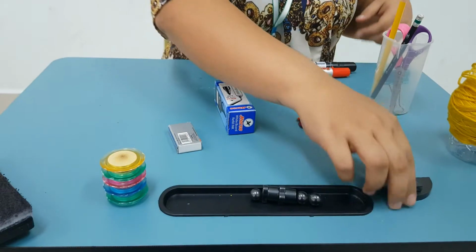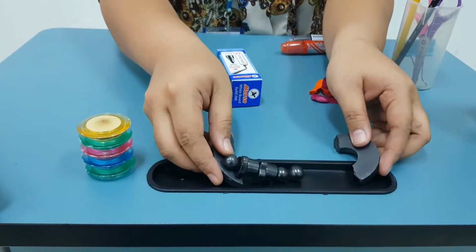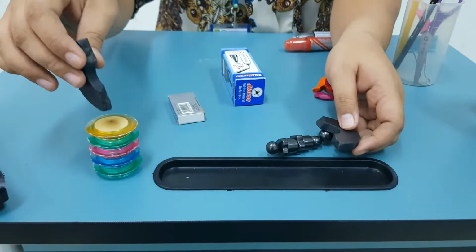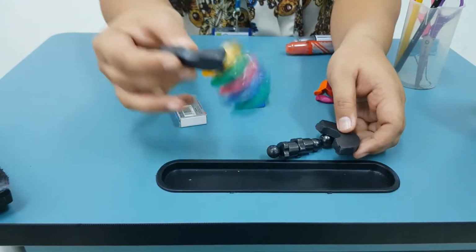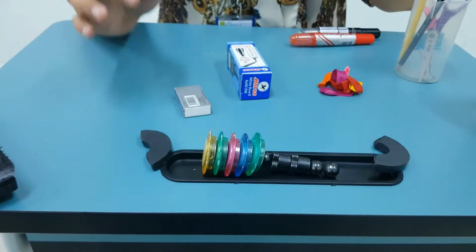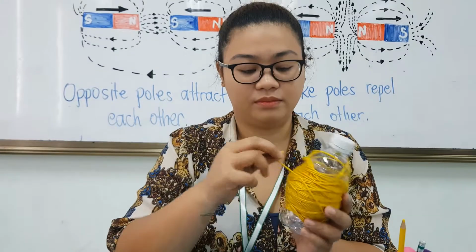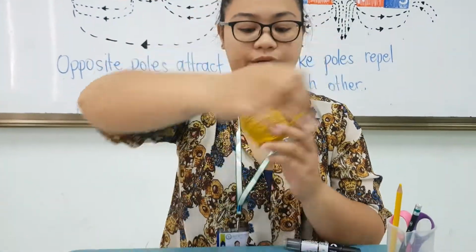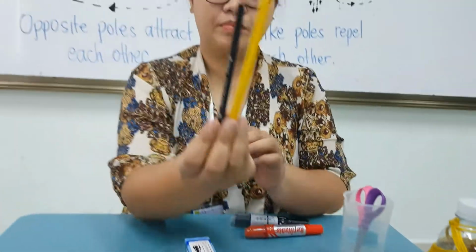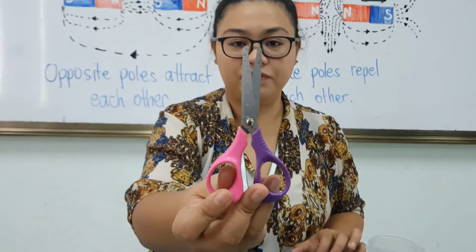Like last time, I have my magnets. These are magnets, and these are also magnets. As you can see, I have yarn, a string over here. We have pencils. We have a pair of scissors.